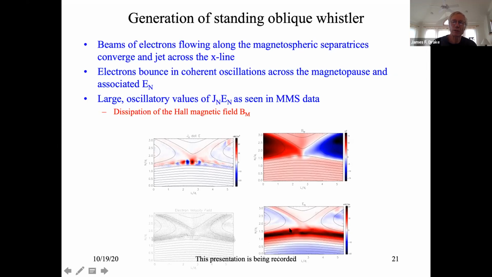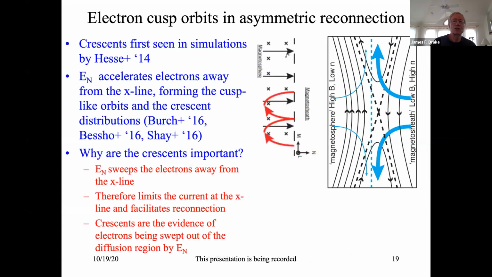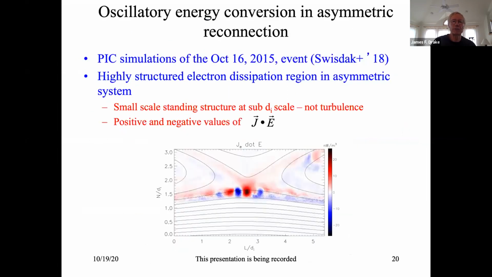In fact, this bounce motion and its frequency was discussed in these papers on the cusp motion and the crescent distributions, which I show here. So I would refer you to the Bessho and Shay papers for a discussion of that, because the bounce frequency is basically the same.